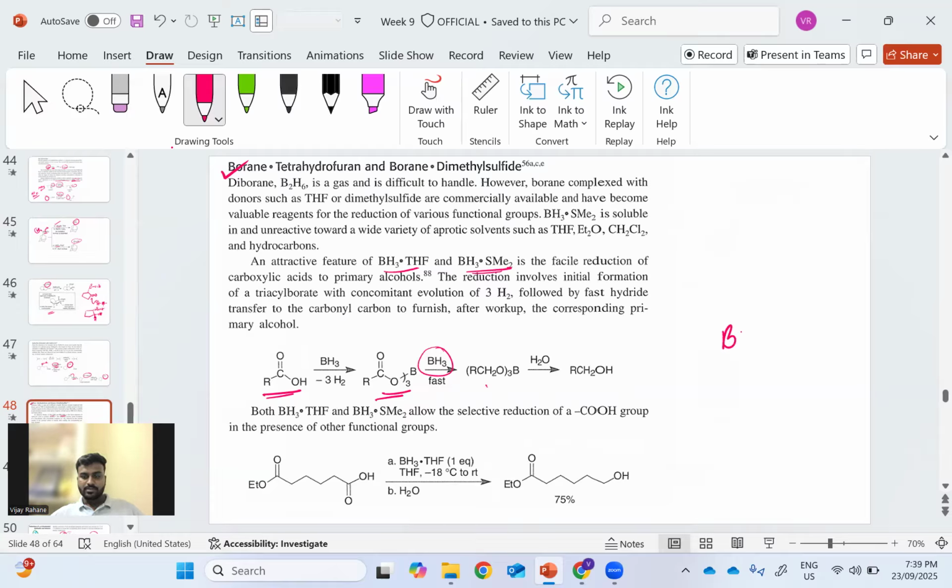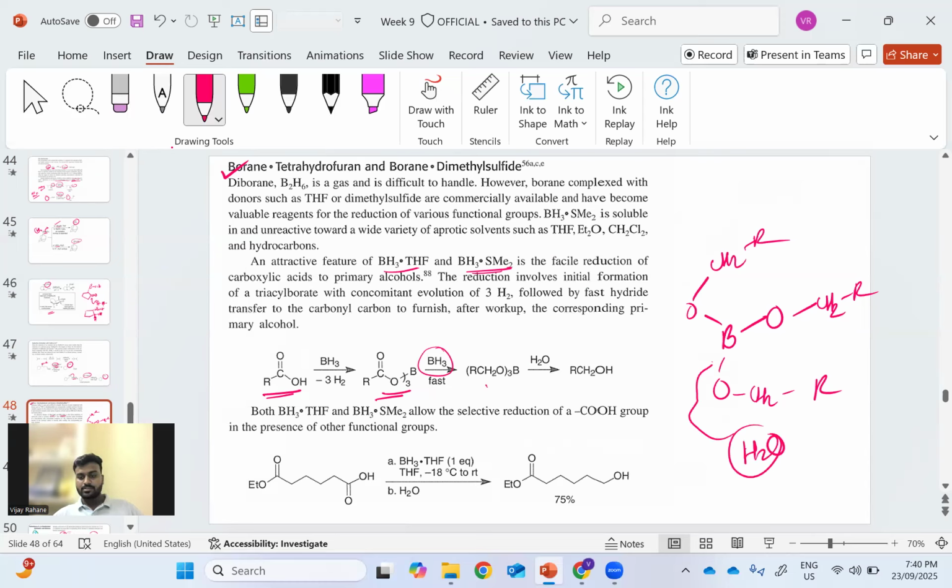So if I just draw the full structure of this one, this is the CH2 and this the R, let's say. So this sort of intermediate. And again, upon workup, the water molecule attacks on the boron, and we get the alcohol as a product.